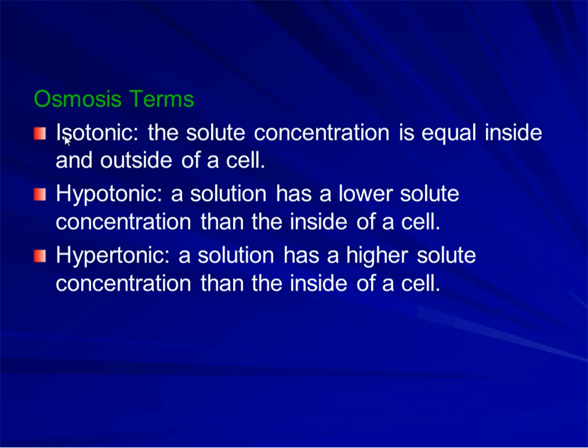The semi-permeable membrane only allows passage of very small molecules like water, but does not allow passage of large particles, for example sucrose. When both chambers side by side have equal concentration of solute particles, for example the one on your left has 2 molar of sucrose and the one on your right also has 2 molar of sucrose, we say they have equal concentration of solute particles. This is known as isotonic.